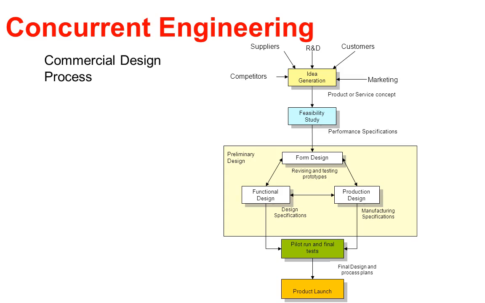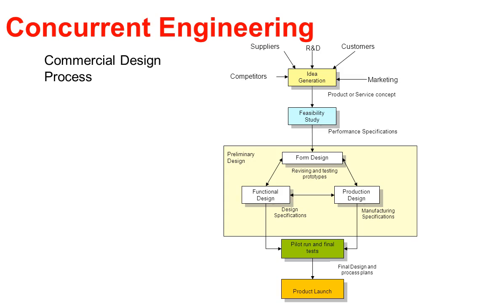A feasibility study is made and then performance specifications are ready with us. A preliminary design is formed with form design, functional design and production design. These three departments work together and the ideas from one department to the other are transferred.